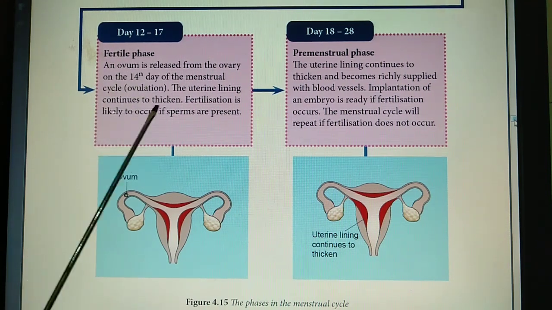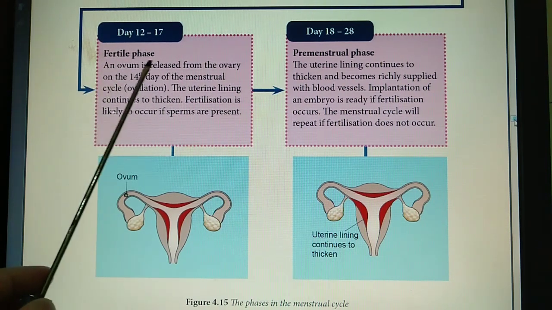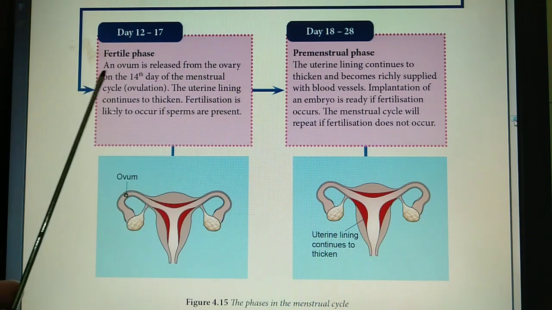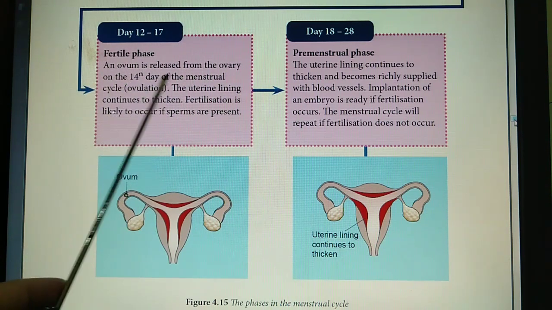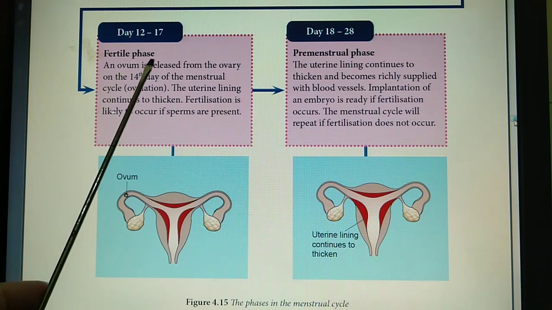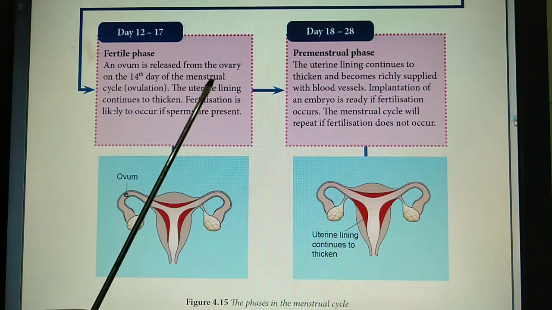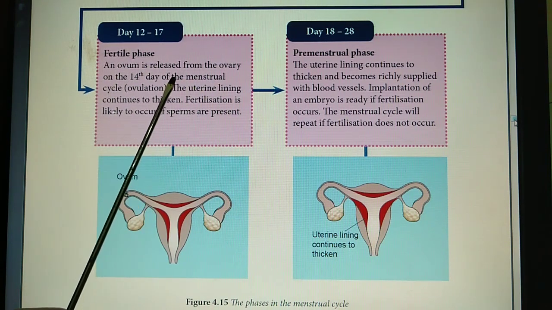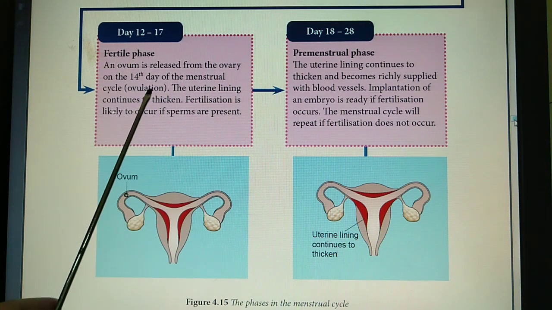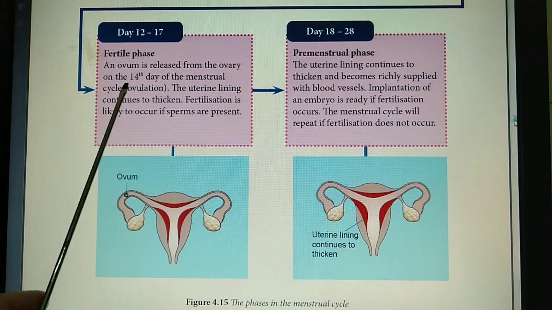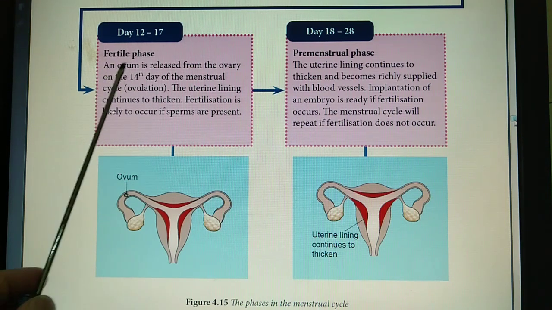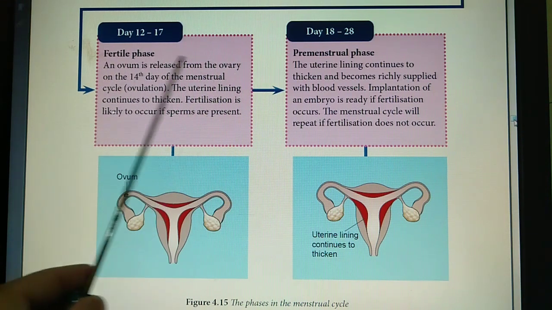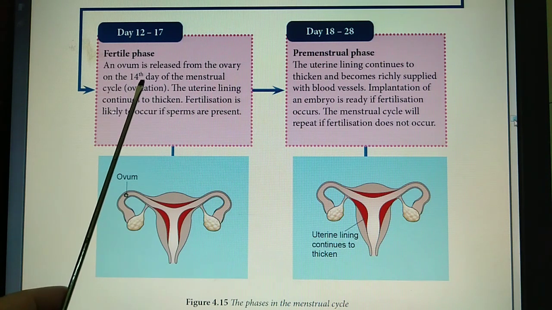Because in this phase, an ovum is released from the ovary on the 14th day of the menstrual cycle. And the process of releasing a matured ovum, we call ovulation. This ovulation process is the release of ovum from the ovary on the 14th day.